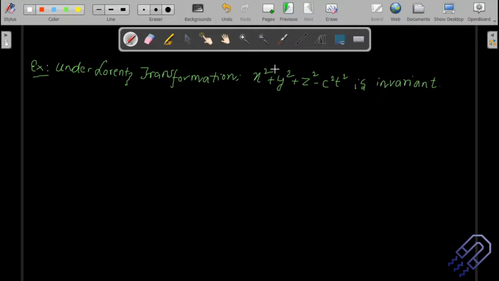It simply means that under the prime coordinates, x square plus y square plus z square minus c square t square should be equal to x prime square plus y prime square plus z prime square minus c square t prime square. If you can show that using the Lorentz transformation relation, you are going to say that this is invariant. This is what we are going to do now.